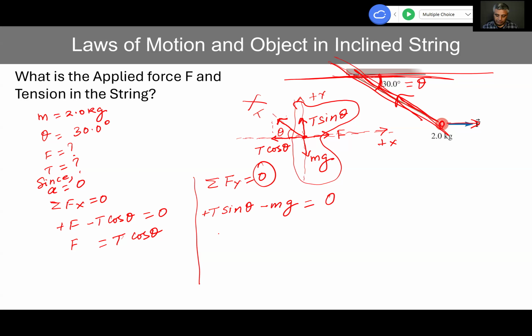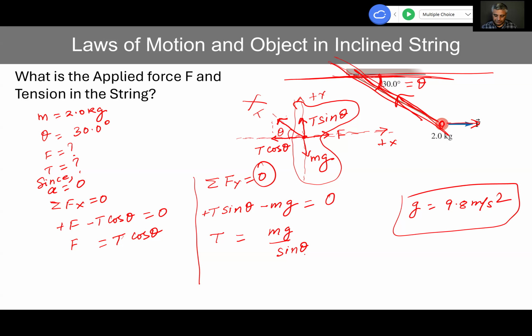Oh, it looks like from this I can solve for T. So we know the mass, g of course is 9.8 meters per second squared as long as we are near the Earth's surface. Theta is known, which means you can find T and you can use that T over here, or you can combine these equations.